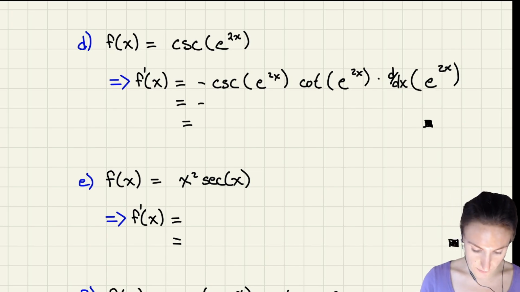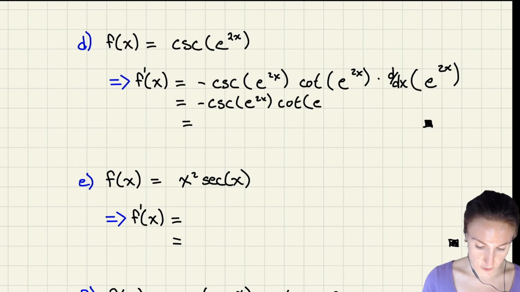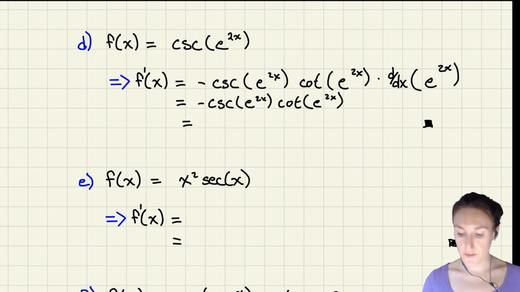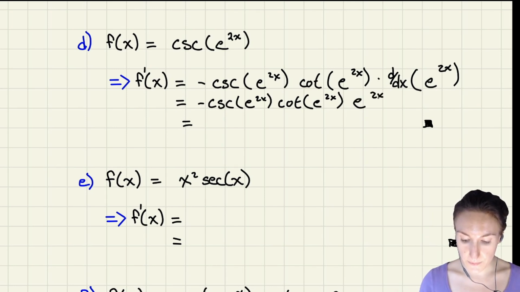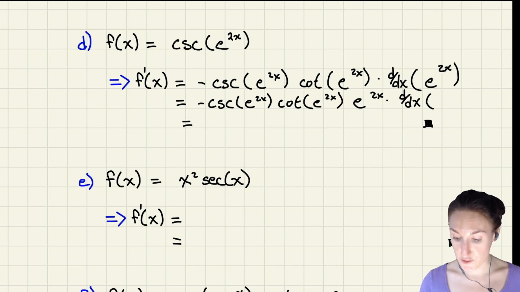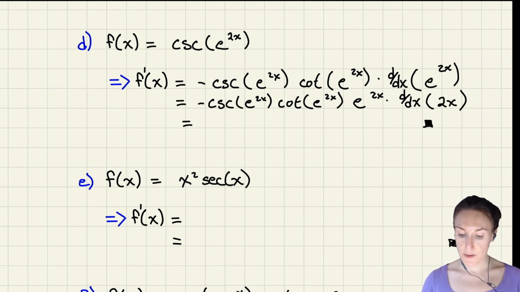Okay, so let's rewrite the first part, these two trig functions. Now, the derivative of e to the 2x, remember, for e to the something, we rewrite what we have, and then we look at the derivative of the thing in the exponent. If it's just x, the derivative's 1, so we don't have to worry about it. But in our case, we have 2x. And d dx of 2x is just equal to 2.